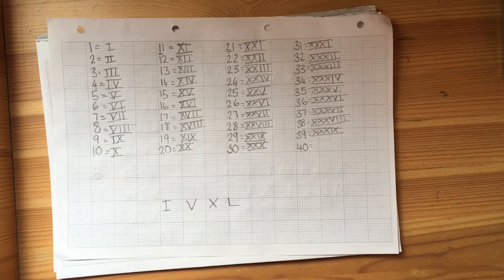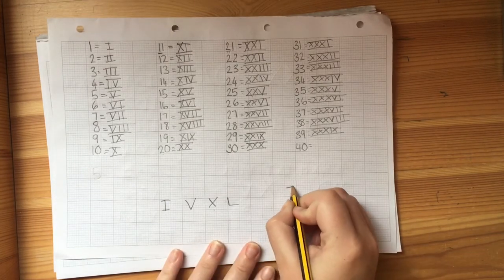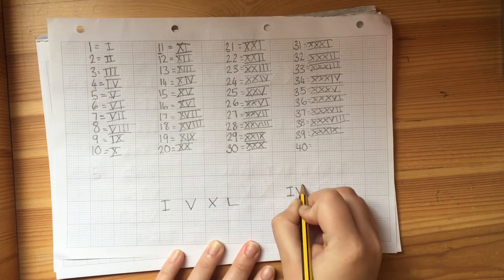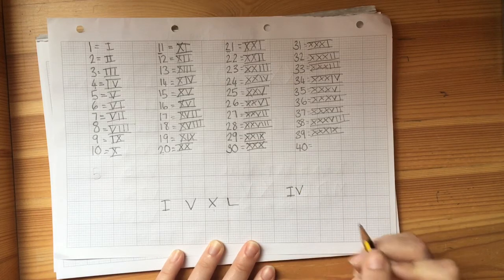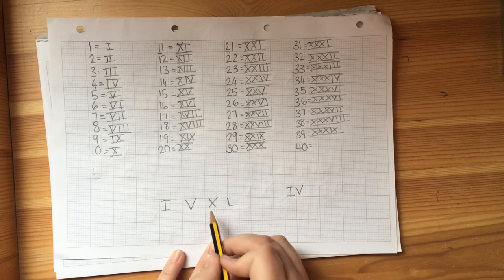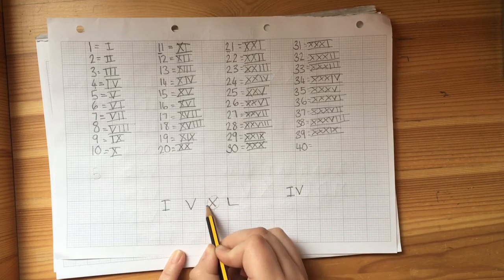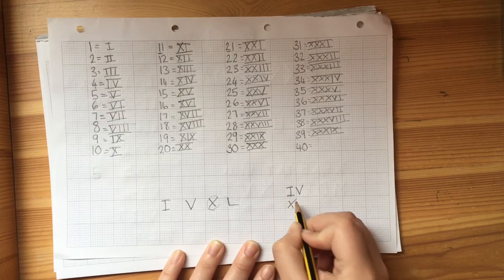Now 40 is a little bit different. 40 is 10 less than 50. Just like 4 is 1 less than 5, 40 is 10 less than 50. So when we write 4, we do IV. When we write 40, we take the 10, and it goes first.